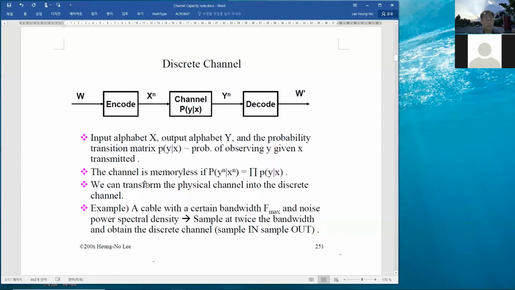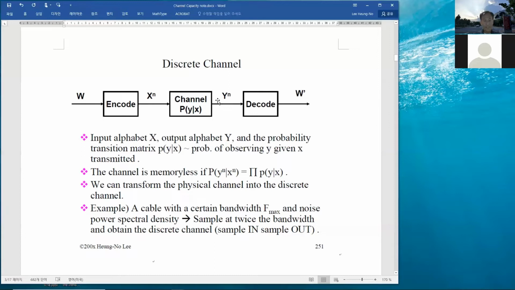And as we have seen in the Hamming code notes, where I described cell phone channels, we can transform the physical channel into the discrete channel, as we described in this note. Here, discrete means that these inputs and outputs can be modeled as discrete random variables.